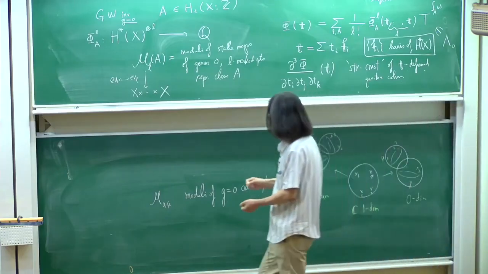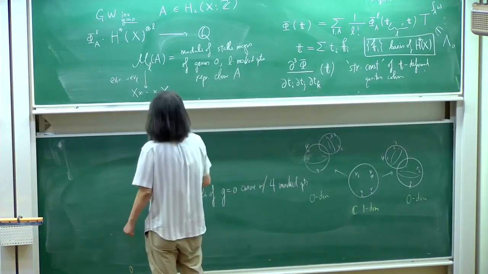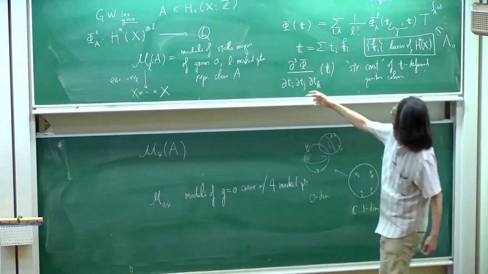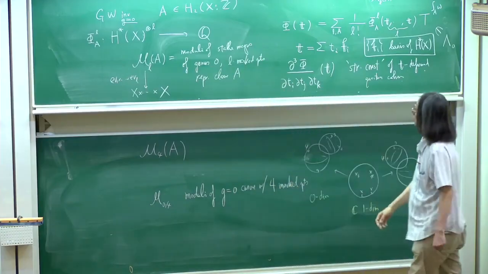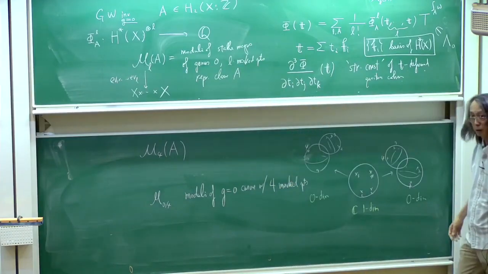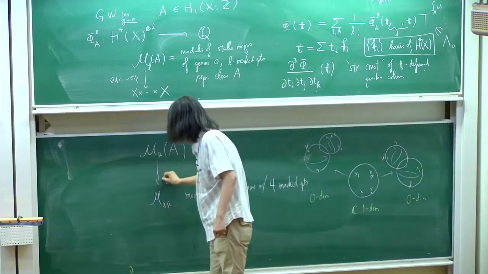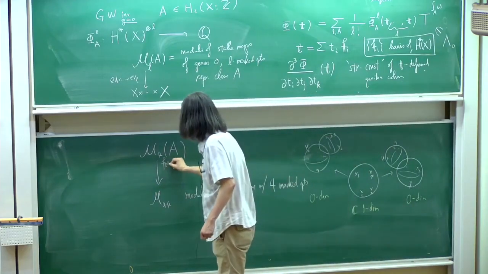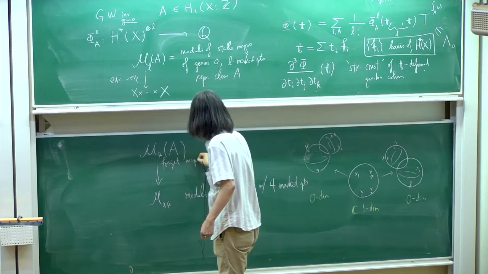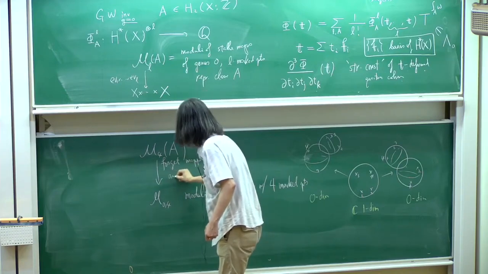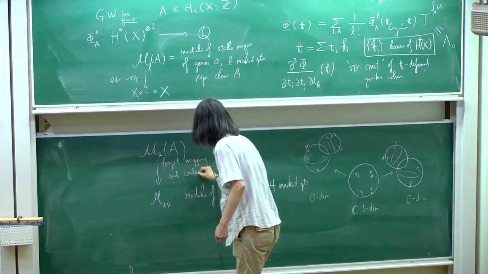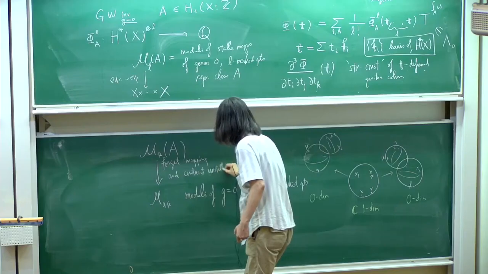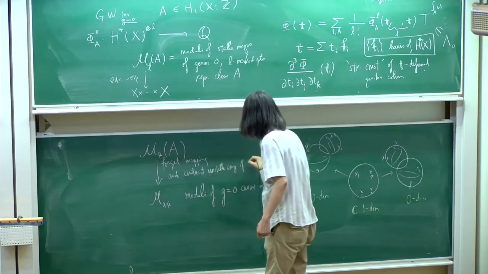And so I have here also M4 of A. This is the moduli space of stable maps of genus 0 and 4 marked points representing class A. And then you just forget the mapping, the information of the mapping, and contract unnecessary, unstable components if there are.